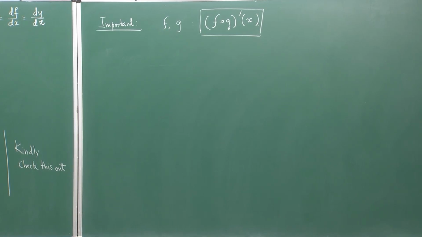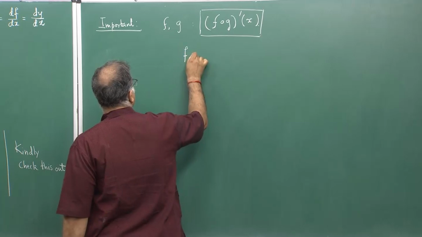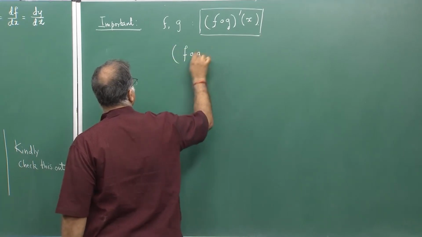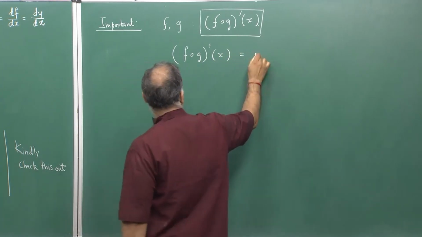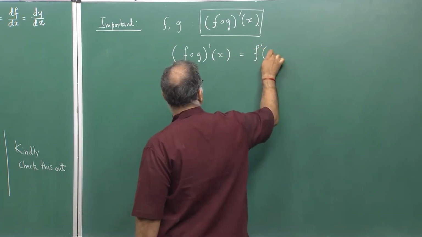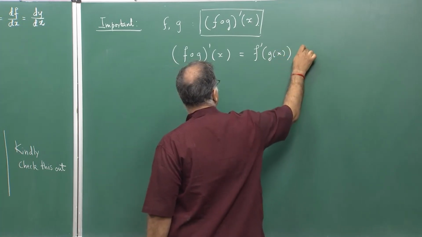So, if you want to compute the derivative at x or say at a point a, then what you do is you compute the derivative f dash at g x, and then you compute g dash x.